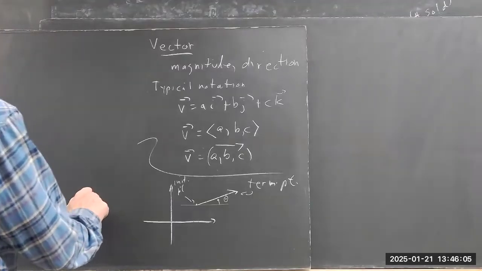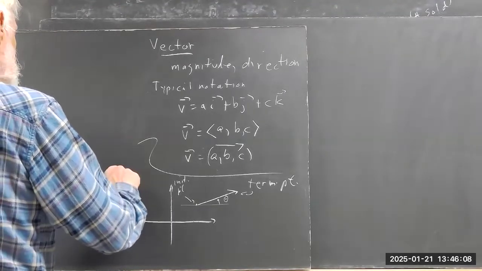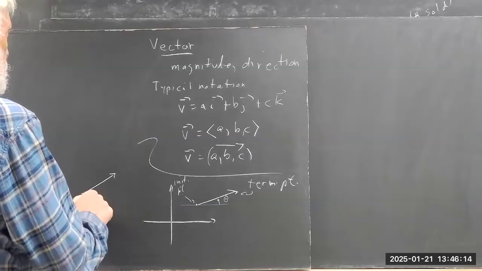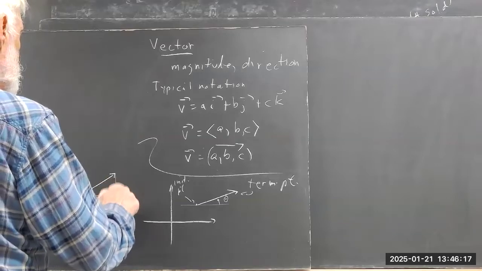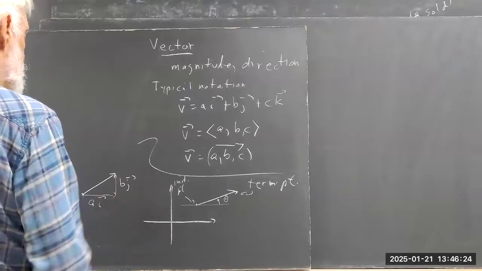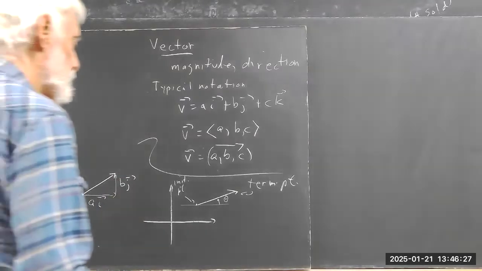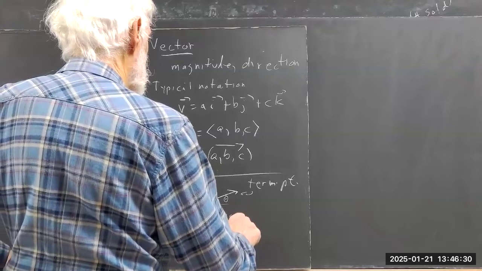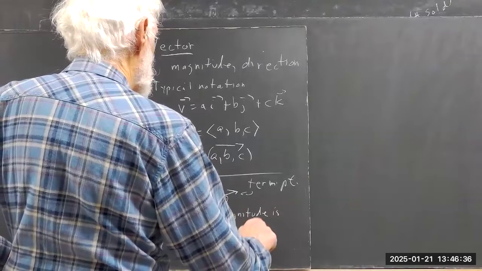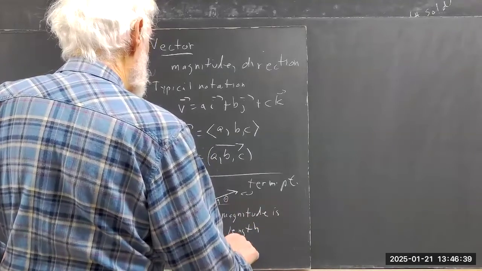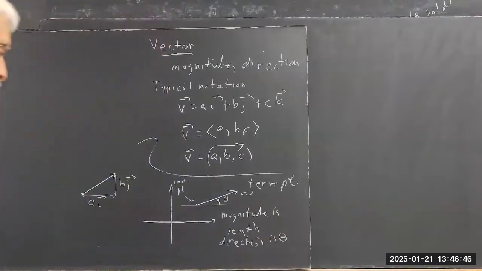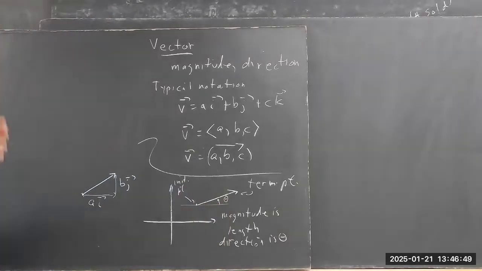So if I have a vector like this, okay, this vector has magnitude, the length, and direction theta.